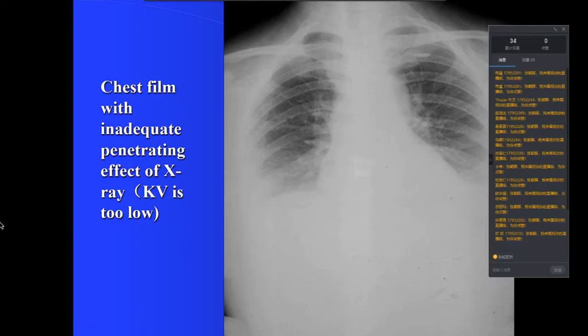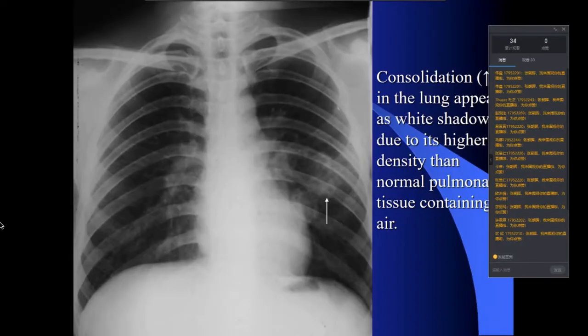But what happens when the voltage is too high? When the voltage used is too high, the X-ray will become very strong, and the amount of X-ray that passes through the exam body area and reaches the film is more than with normal voltage.